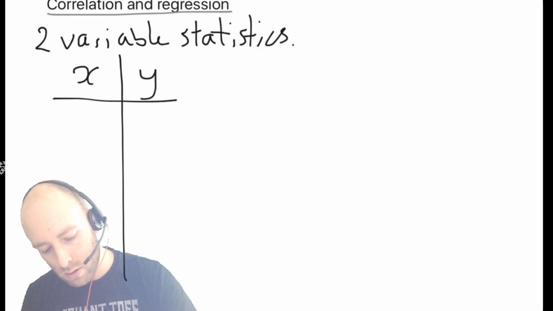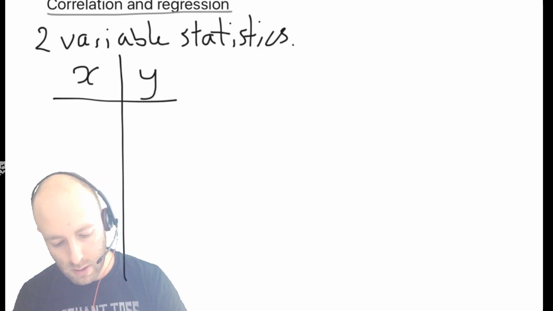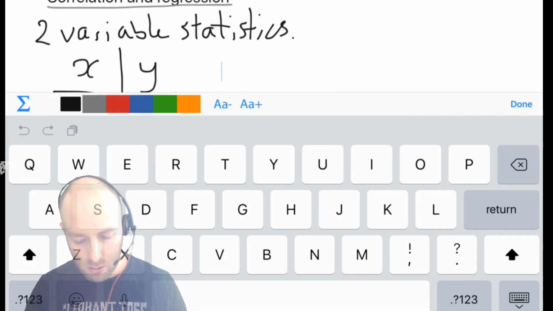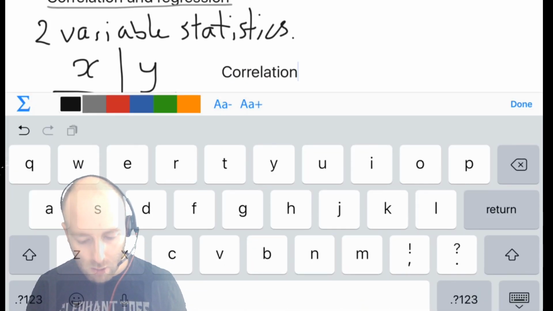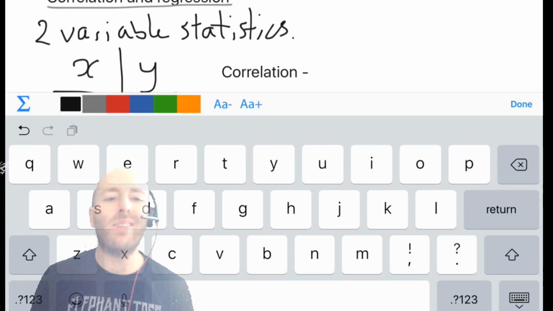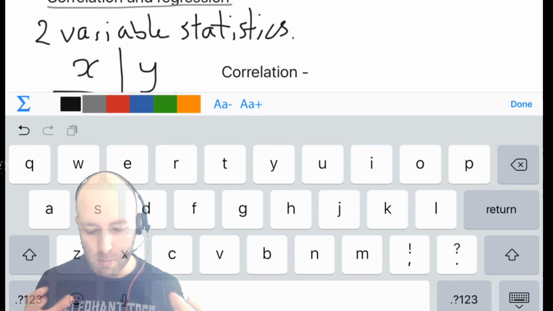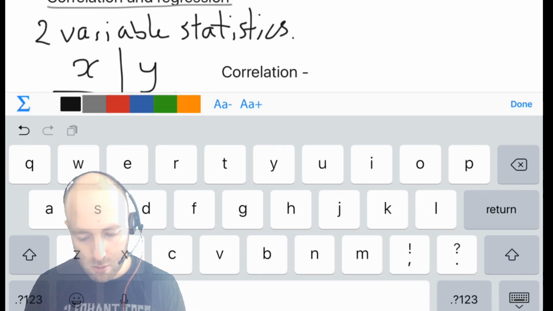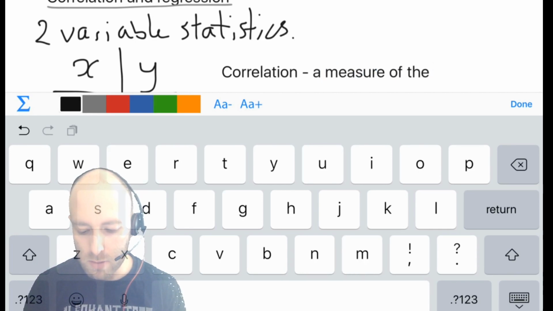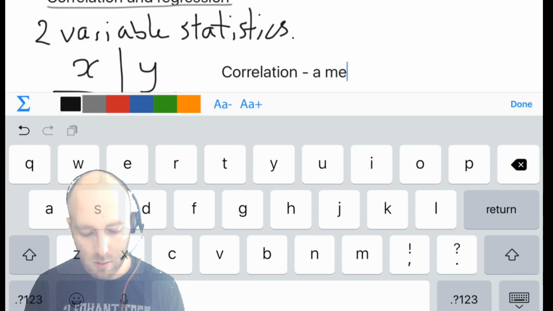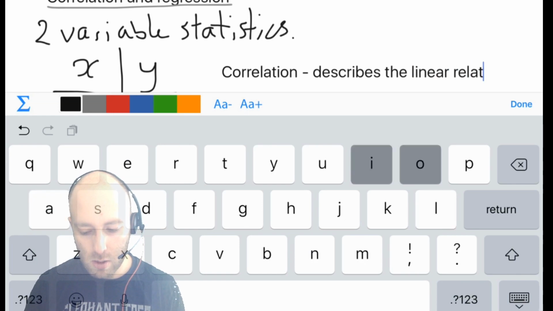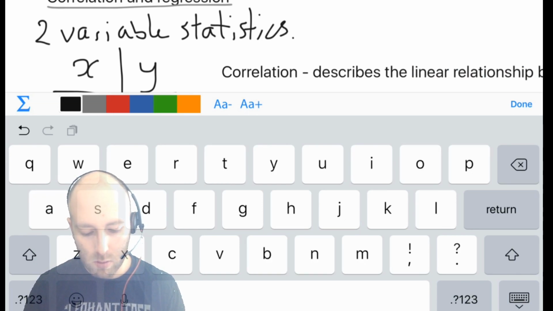So correlation. Let's do this in text. Correlation describes the linear relationship between two variables.